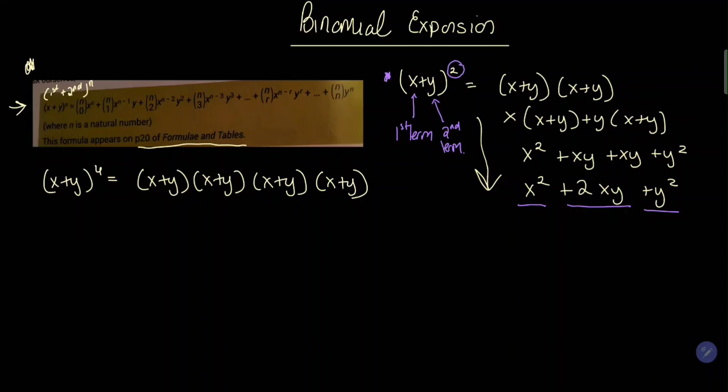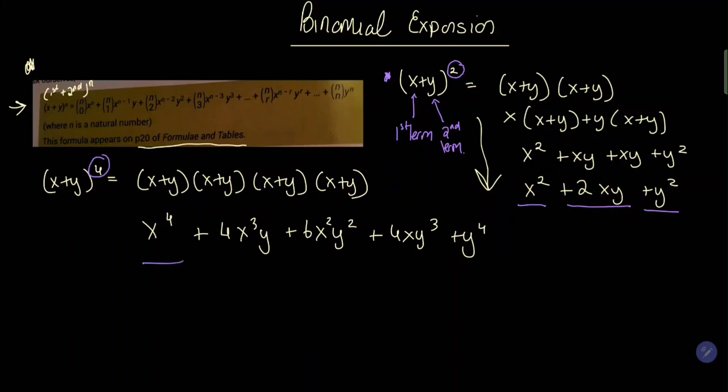Now if I actually show you what x plus y to the power of 4 turns out to be, it turns out to be x to the power of 4 plus 4x cubed y plus 6x squared y squared plus 4xy cubed plus y to the power of 4. And here we have a power of 4 and we end up with 5 terms. So that's helpful when we're actually doing out our binomial expansions.